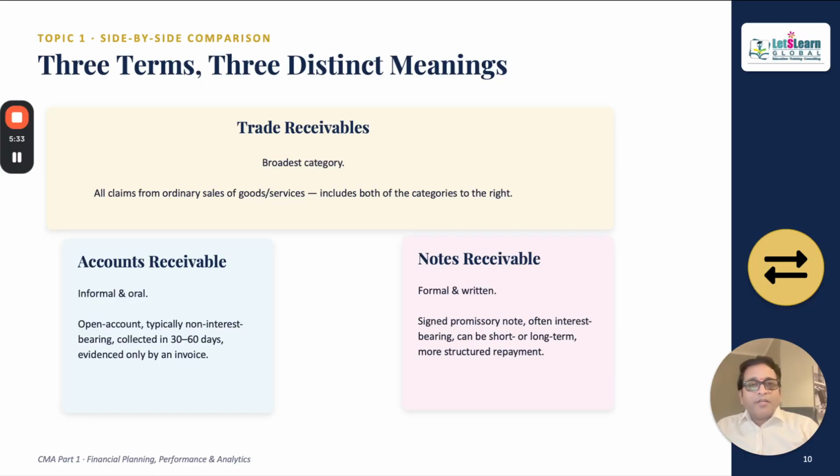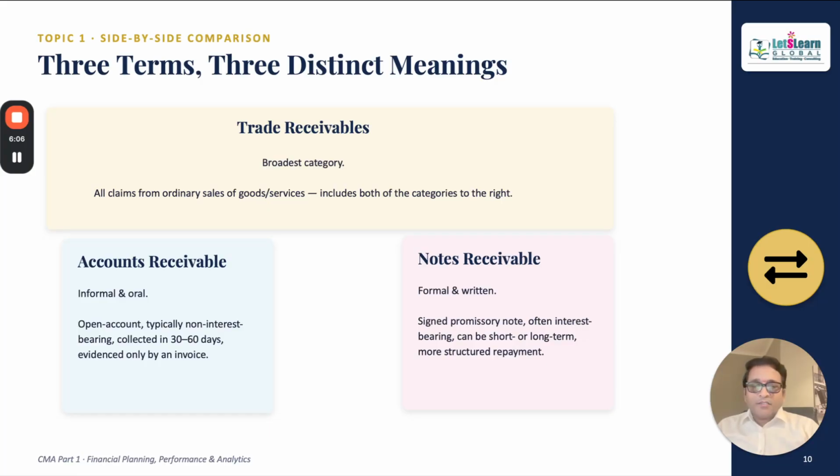Accounts receivable means we sold goods on credit. We have an agreement that the customer will pay after 2 months or 3 months. There is a trust between our company and our customers. So it's like an oral promise. Customer requests the goods, we deliver the goods, customer pays on time as we agreed.